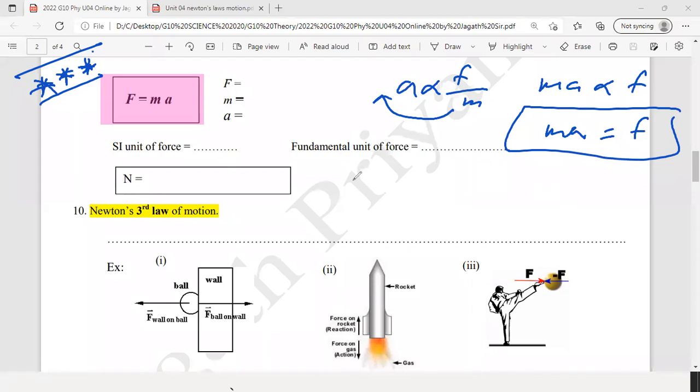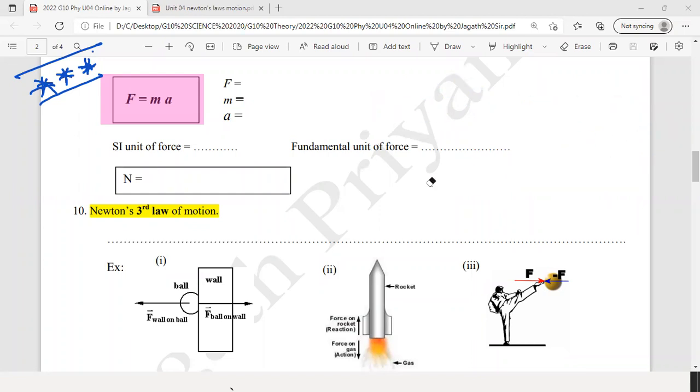Okay, so right here, what is F here? Unbalanced external force in Newton, or you can write resultant force. So F is not just force, because I'll give one example. You can make a small scale diagram, everyone.